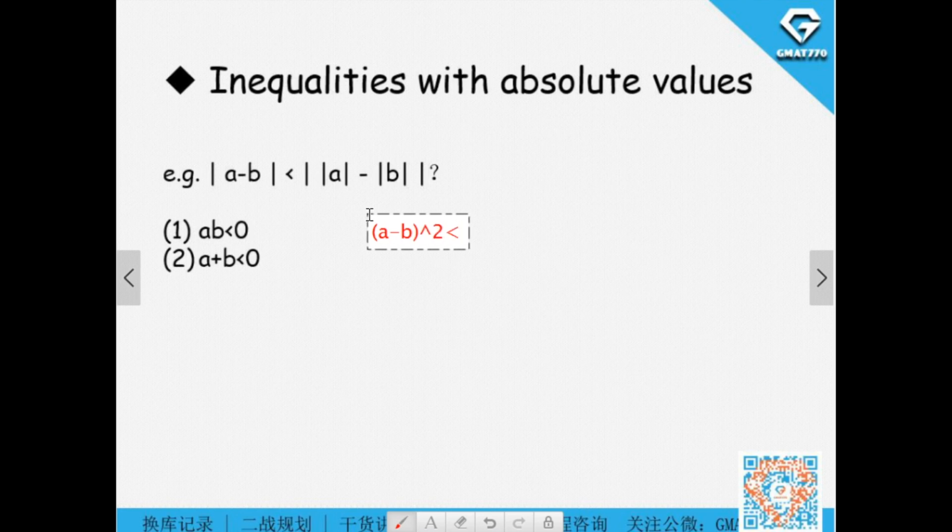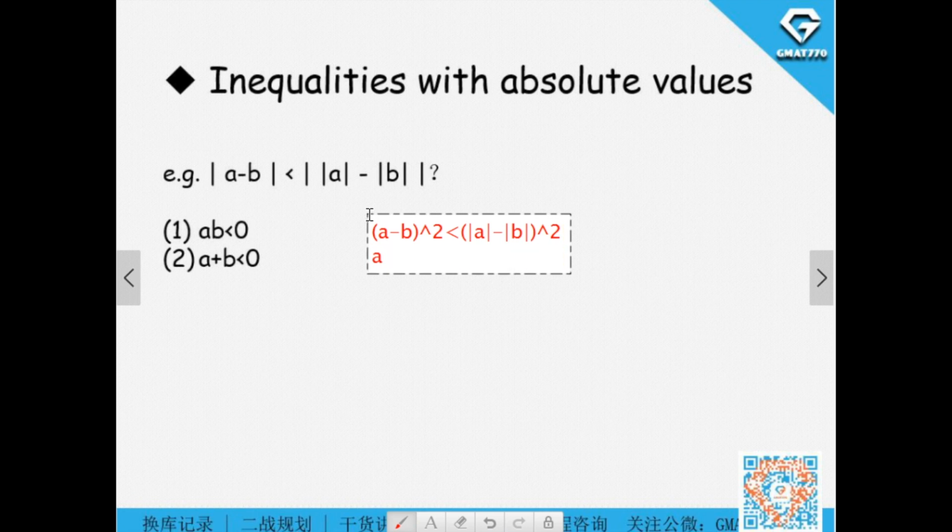And on the right side, please be careful that when you square the right side, you can only remove the outer absolute value marks. So you have to keep the inner absolute values unchanged. So you will have it like this. And then you can just simplify both sides.